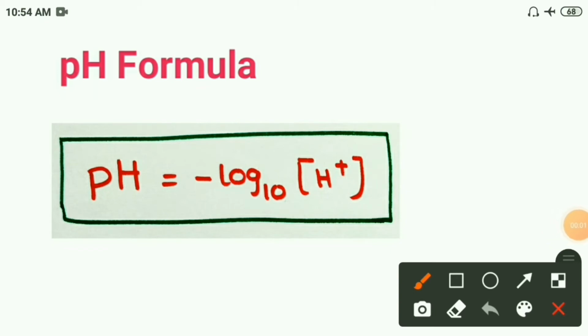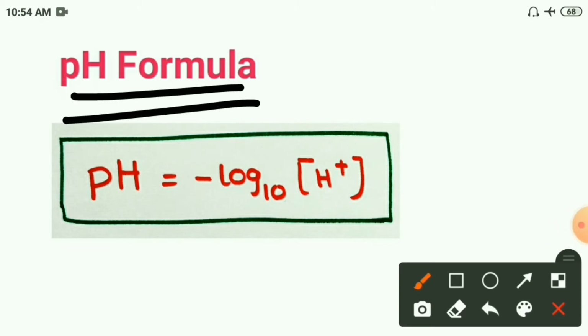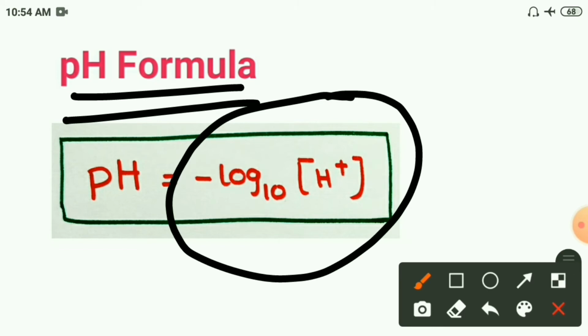With the pH formula also, we can measure the pH value of a solution. The pH formula is the negative logarithm to base 10 of the hydrogen ion concentration.